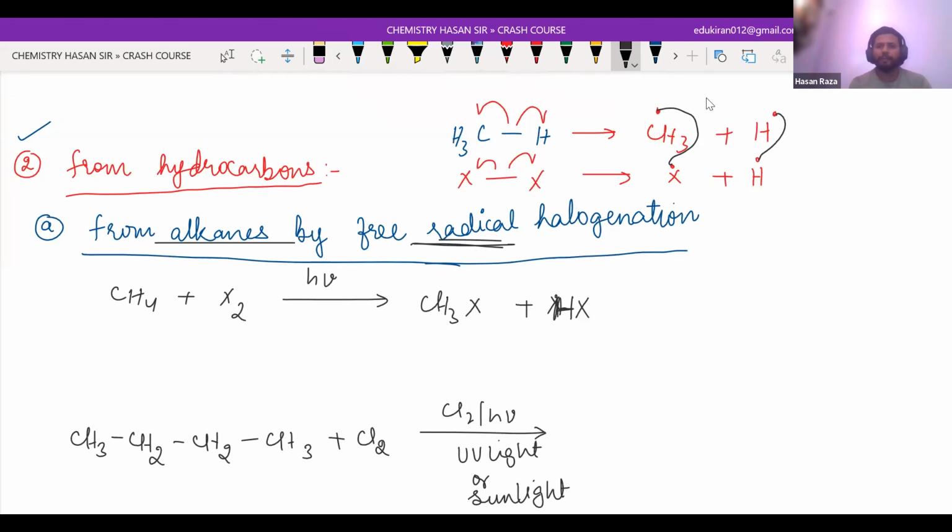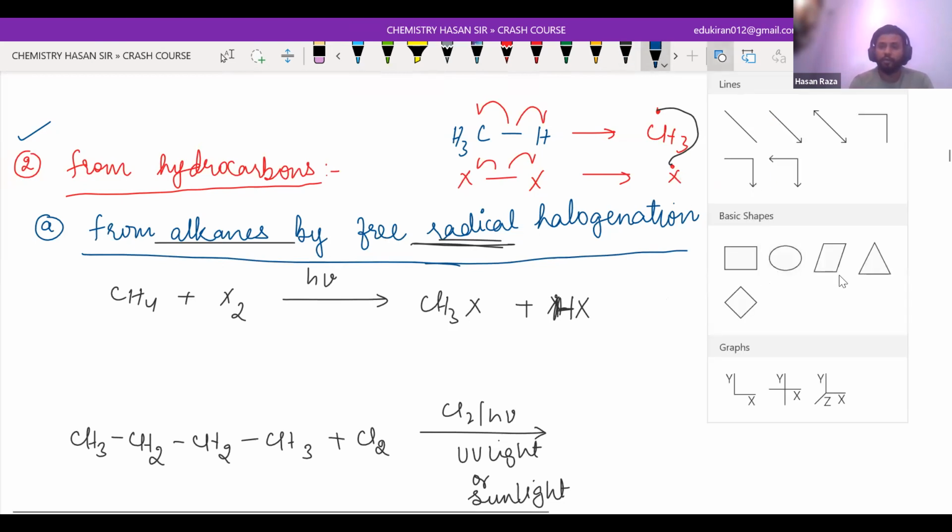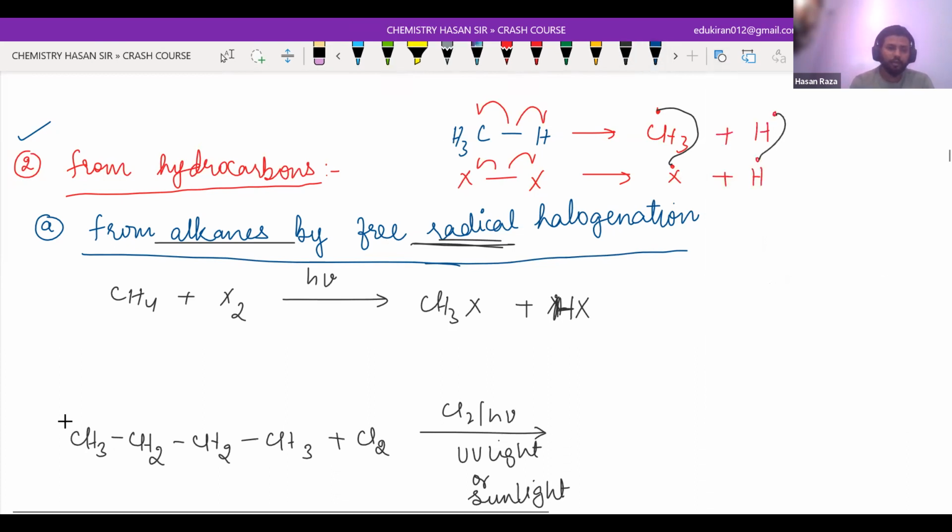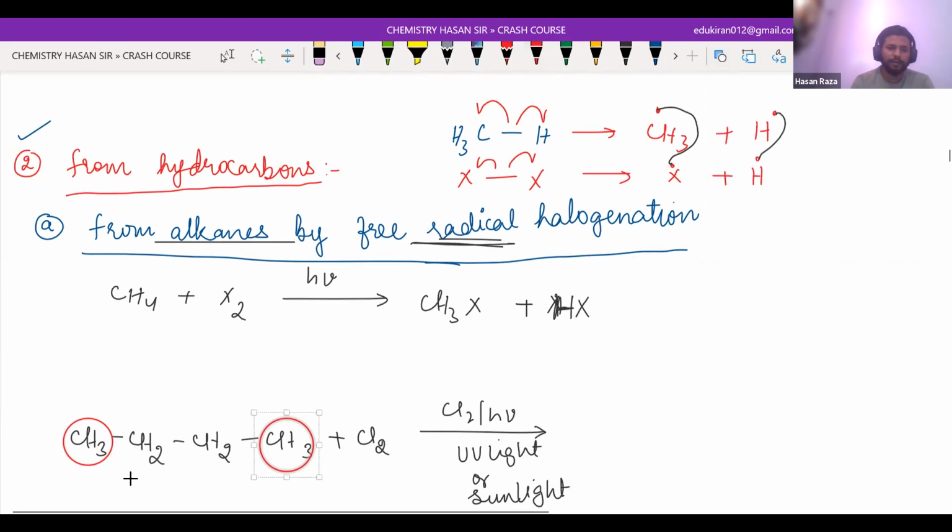Now see what will happen here. Different types of hydrogen will be replaced. You can see easily in this reaction, you have hydrogen of this carbon, hydrogen of this carbon as well, and of this carbon as well.